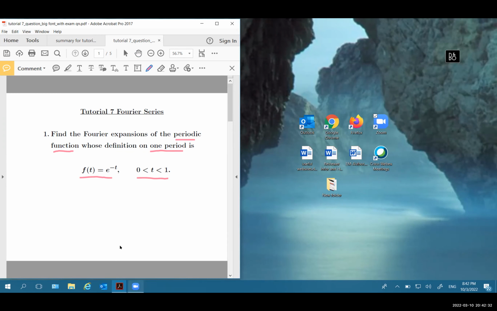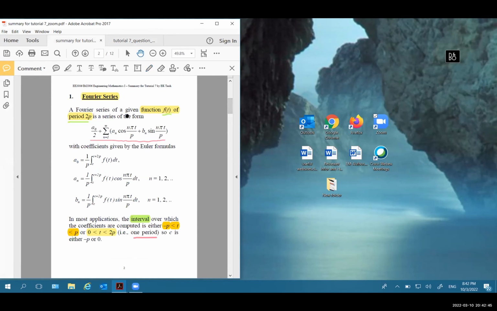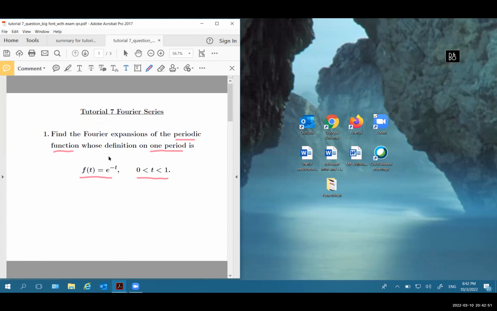Class, first of all, if they tell you this is one period, what is the period? Basically, I want to know the small p. For a function f(t) of period 2p, what is your 2p here? What is the period here?